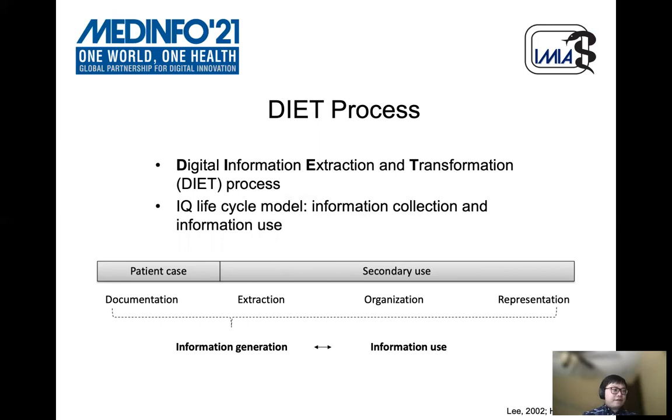Specifically in the context of EHR, we included information documentation, extraction, organization, and representation. So the key advantage of information quality representation is that it can help capture the dynamic interaction between users and information in a sequential order.